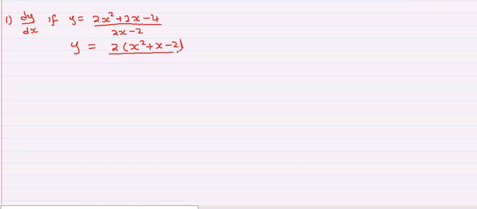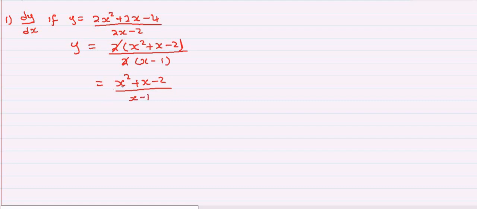On the denominator, we also see 2 is a common factor. We take 2 out and we're left with x minus 1. So 2 cancels out. We are left with x squared plus x minus 2 all divided by x minus 1.